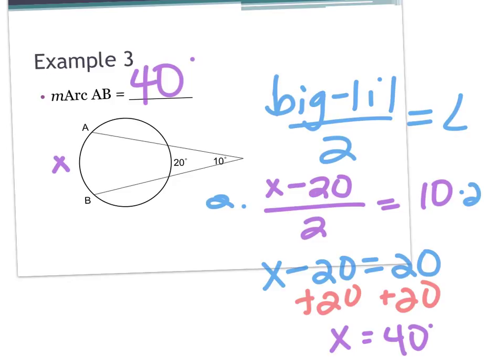Questions so far? Okay, so a quick recap. The first kind of angle we talked about was a central angle.